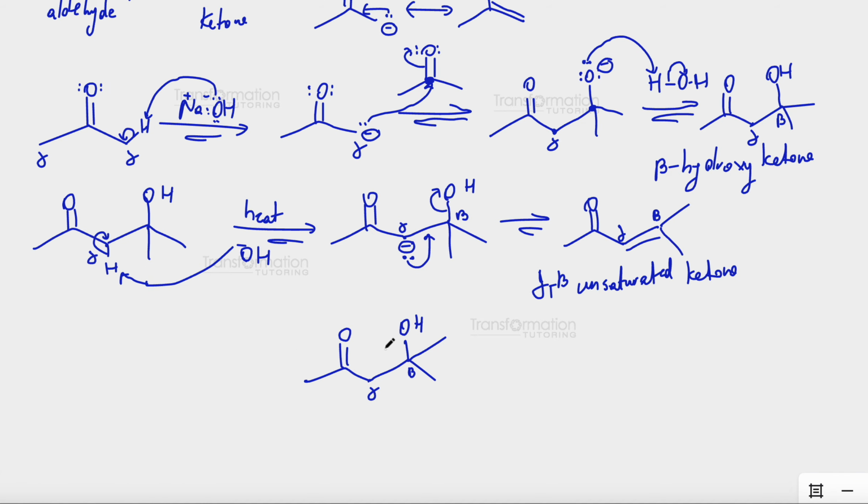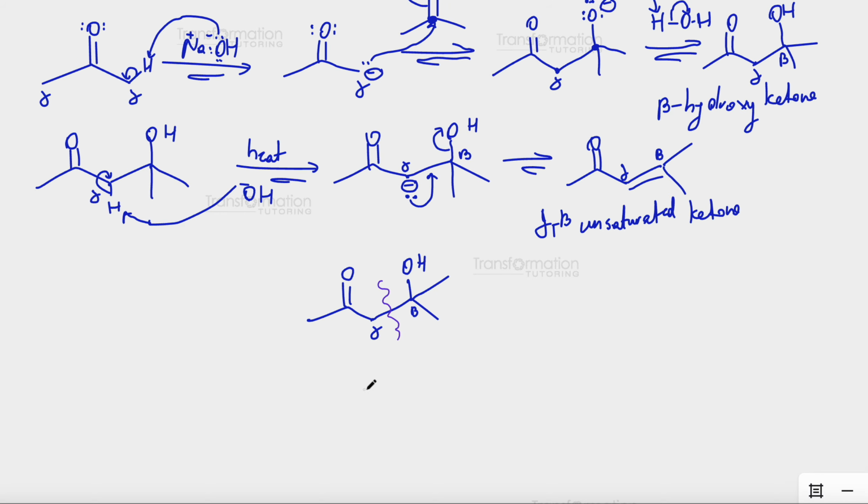Let's change my color. What you will do is you will break between alpha and beta, and you will redraw your molecule broken. This is alpha and this is beta, OH here.